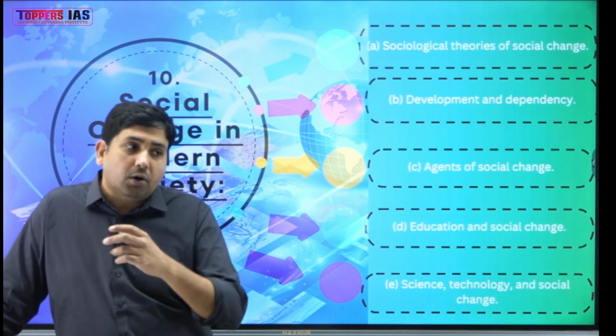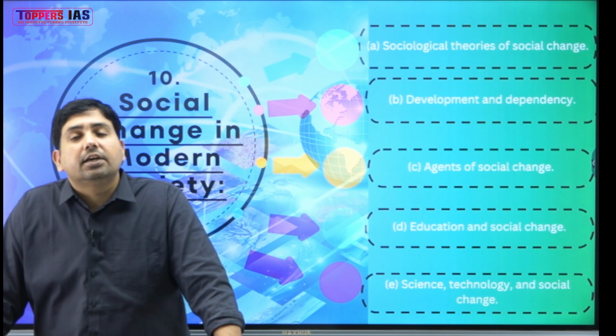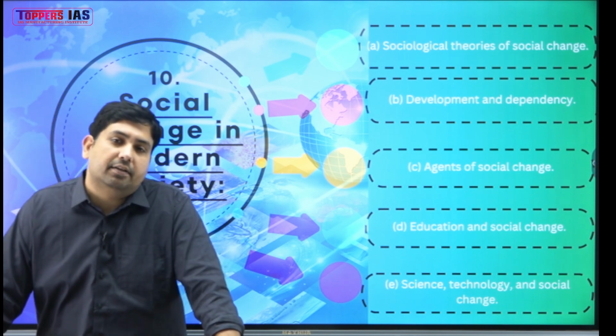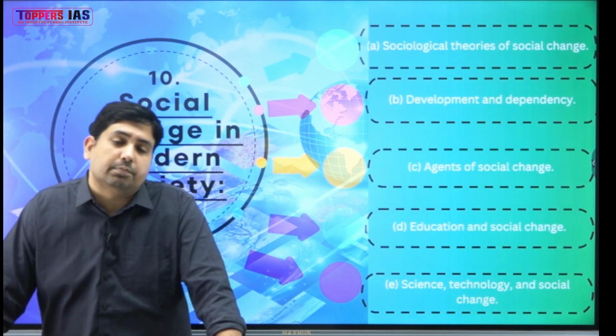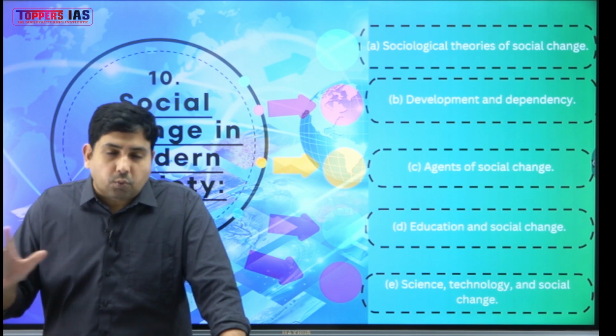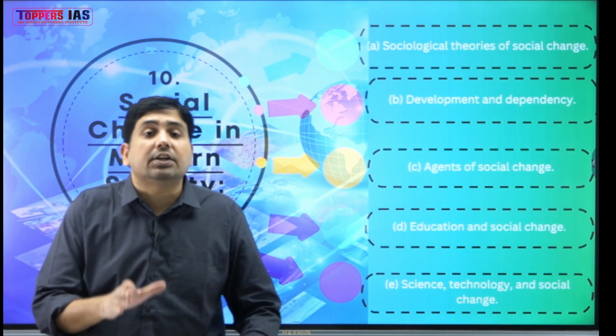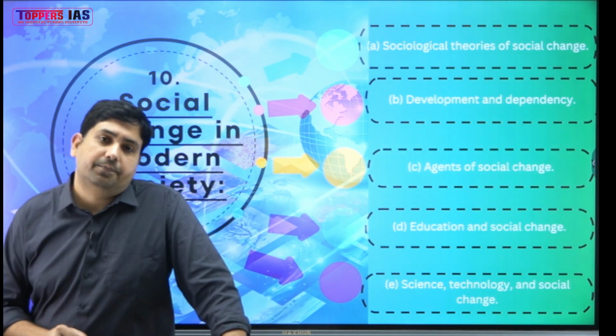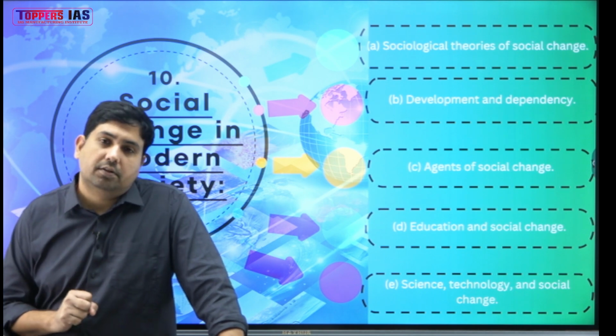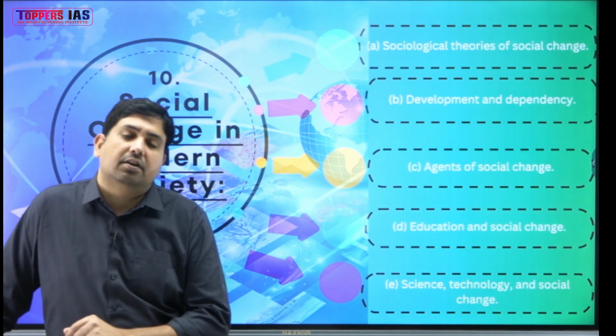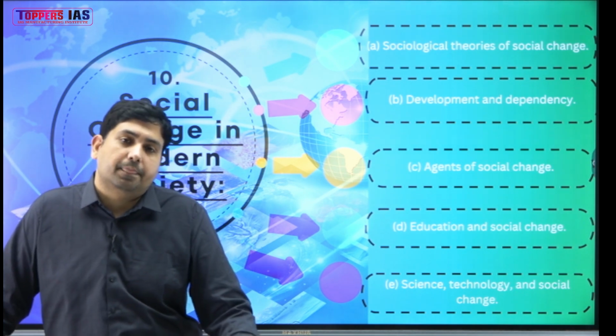Also it has usefulness in the ethics paper and of course in the essay paper. So sociology trains you to think critically about social issues, which is a core requirement for a civil servant.